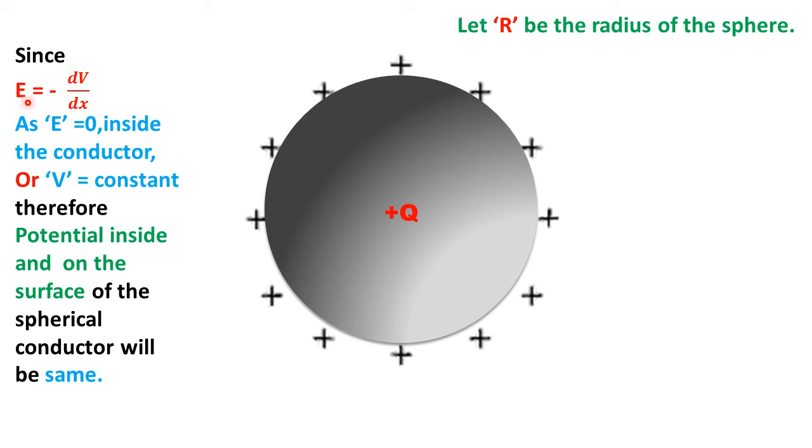Inside the conductor, electric field intensity is 0. If E is 0, this is only possible when V is constant. So the electric potential on the surface of this spherical conductor as well as inside is the same, that is constant. Its value will be the same as on the surface, which we will calculate.